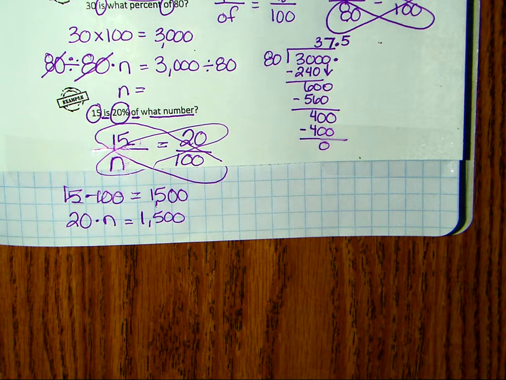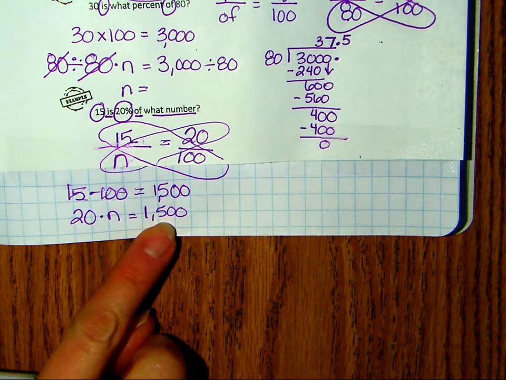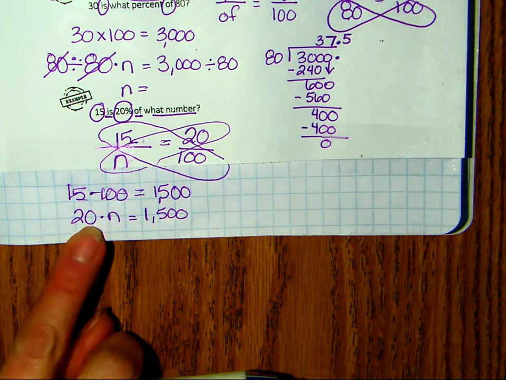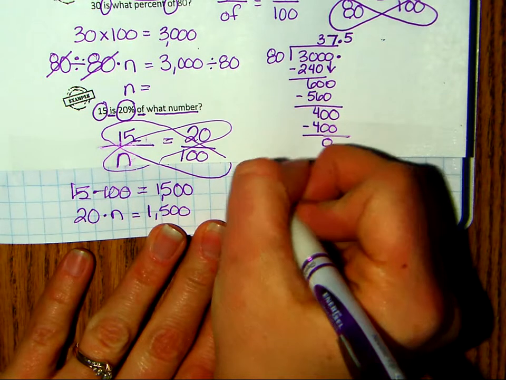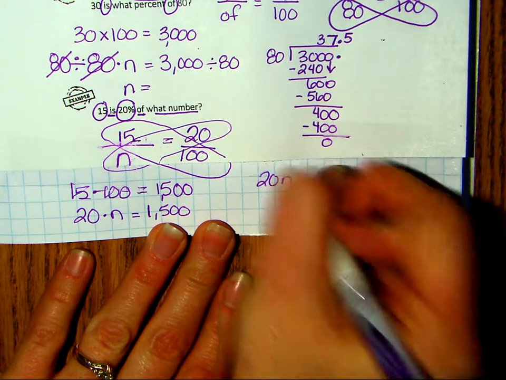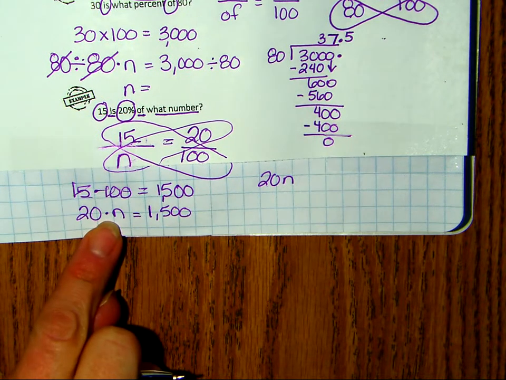What is the opposite? How do I undo that? What's the opposite, Jacqueline? You divide 1,500 by 20. But what do I do first on the other side? Because I got to get that variable by itself. I do the same. You said I divide this side by 20, but in order to do that, I knew I needed to do it because I'm doing it on this side, right? Yeah. Correct. So I'm going to take 20n, because I really don't need that dot saying I'm multiplying.